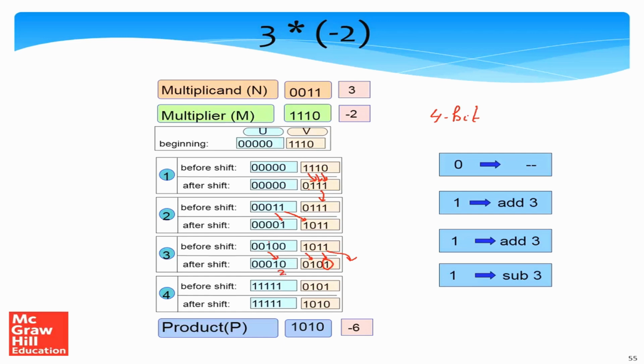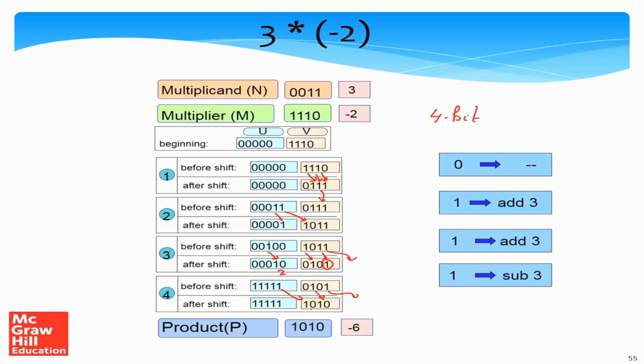We had +2. Now we subtract 3 from 2. So the result is -1, and -1 is 1, 1, 1, 1, 1. So this is what we get before the shift, and after the shift, 1 will fall off. This one comes here, this one comes here, the rest of the numbers get shifted, and we have a sign extension.